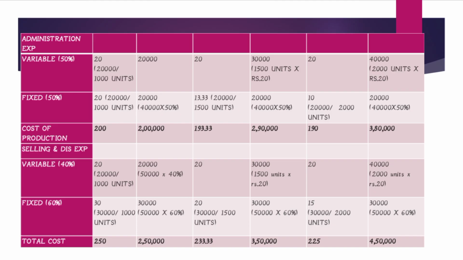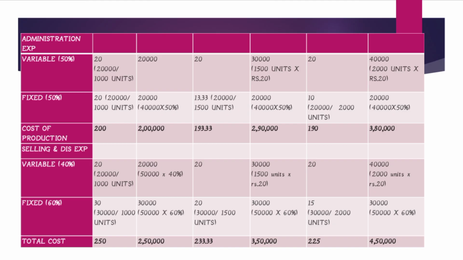Here we're going to see 50% of the rupees is fixed, which means rupees 40,000 is for administration expenses. From the 40,000, 50% has been fixed. It will be 20,000.